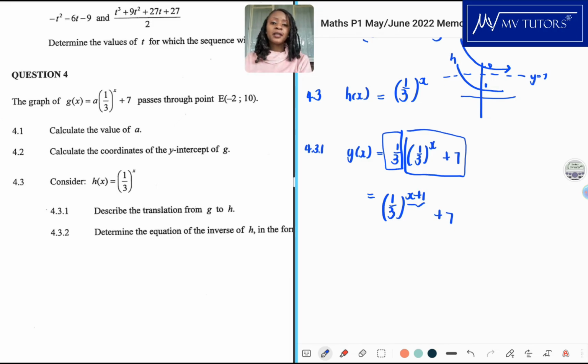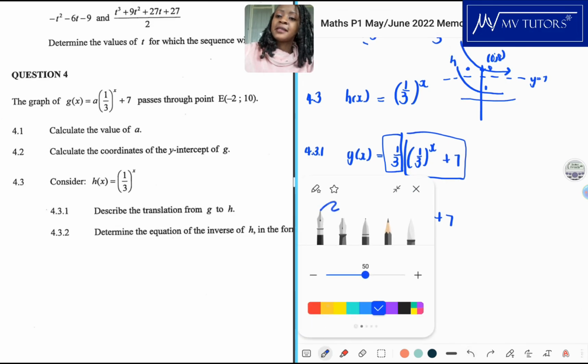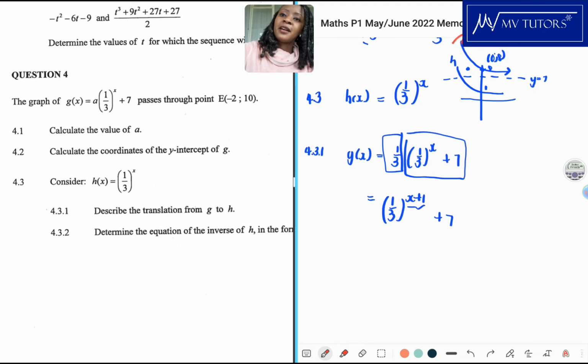If it was negative 1, it would have shifted 1 unit to the right. So your graph, if there you have 0 and 8, it would then be minus 1 and 8, so it would shift something like that. I know it's untidy, everything is everywhere, but that's what I wanted to demonstrate through Desmos. So that is pretty much what g is.